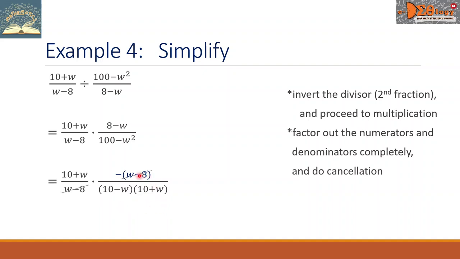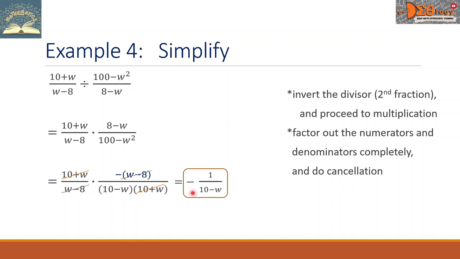We cancel this w minus 8, also the w minus 8. Take note, there is a negative sign outside here. Also, we cancel the 10 plus w and 10 plus w. Then we collect the remaining terms. So we have negative of 1 all over 10 minus w. This is the final answer.